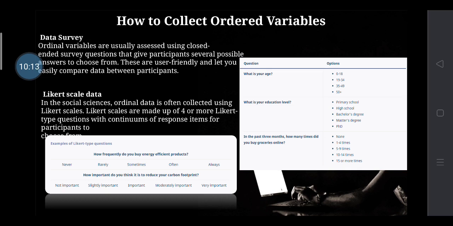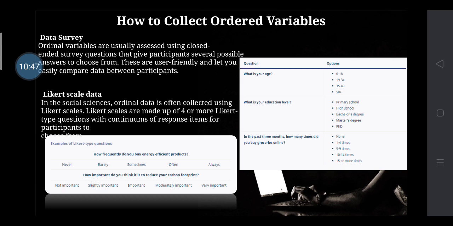What is your educational level? This is a variable, which is divided into 5 options. The first is primary school, high school, bachelor's degree, master's degree, and PhD. In the past 3 months, how many times did you buy groceries online? There are also five options.